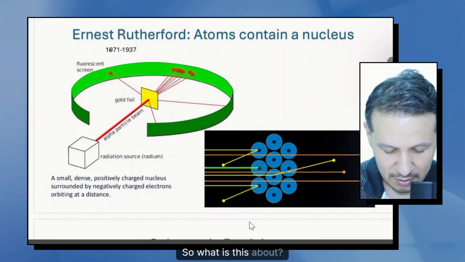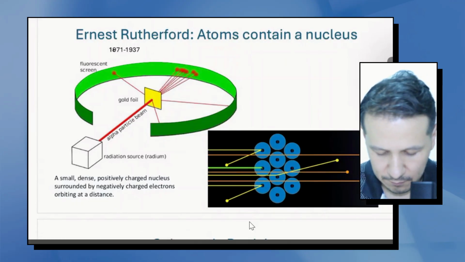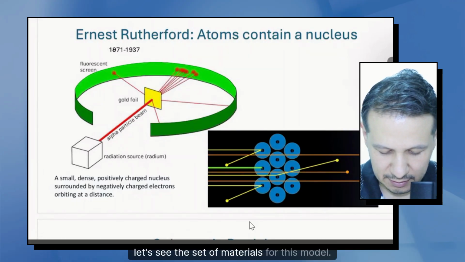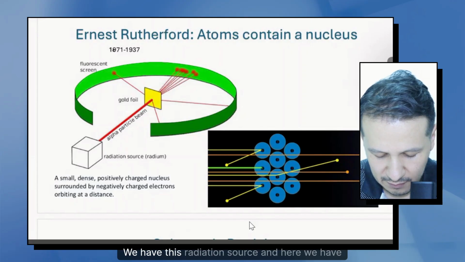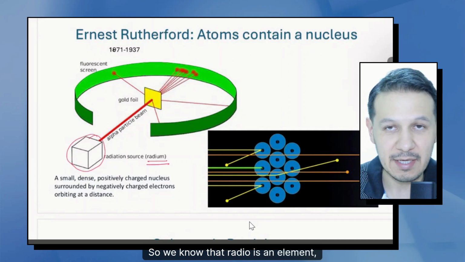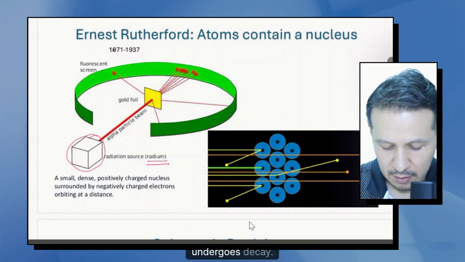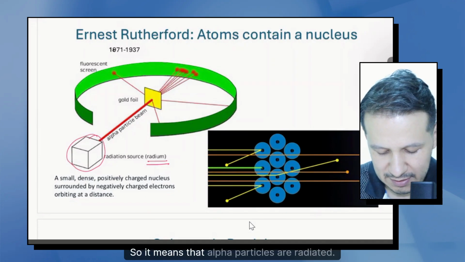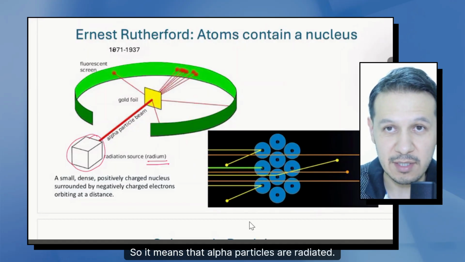So, what is this about? First of all, let's see the setup material. For this model, we have a radiation source, and here we have radium. You know that radium is a very heavy element, so it means that alpha particles are radiated.